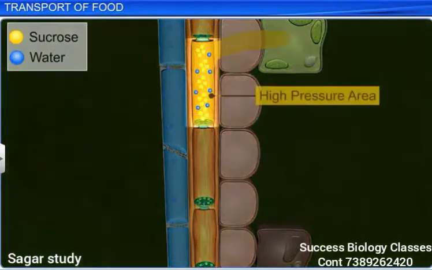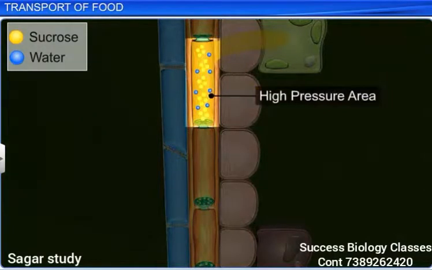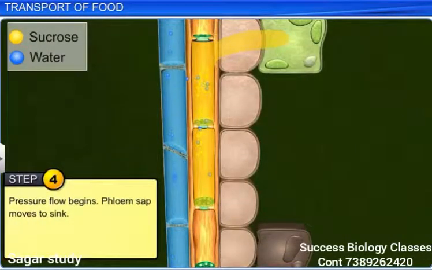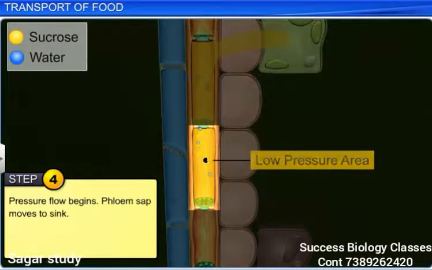As osmotic pressure increases in the sieve tube, pressure flow begins, and the phloem sap moves towards the sink, which has low osmotic pressure.